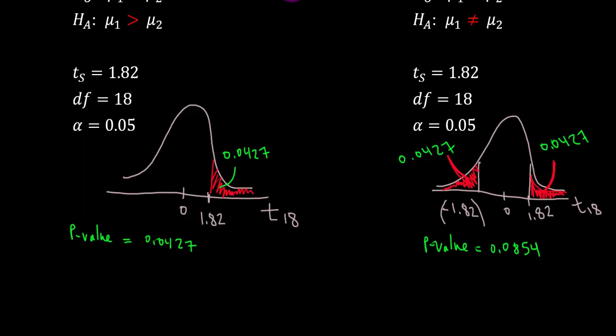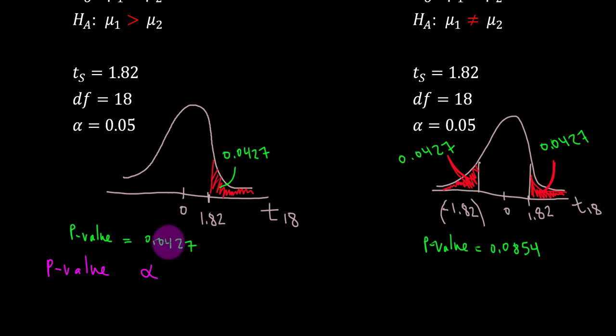Now let's state our conclusions to the t-tests in each of these scenarios. On scenario 1, with the directional t-test, notice if the p-value is bigger or smaller than alpha. Alpha is 0.05.